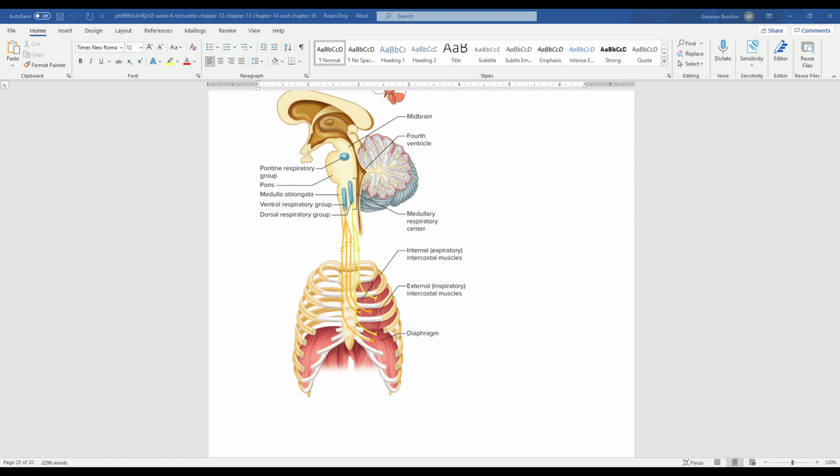And carbonic acid will dissociate into free hydrogen ions and bicarbonate. And the free hydrogen ions are essentially the main driver for the drop in pH, which again will trigger respiration.